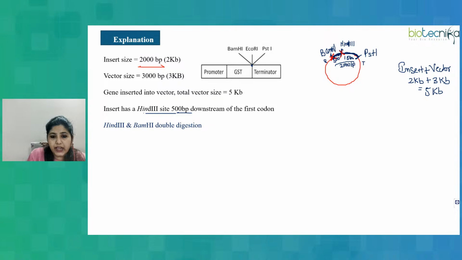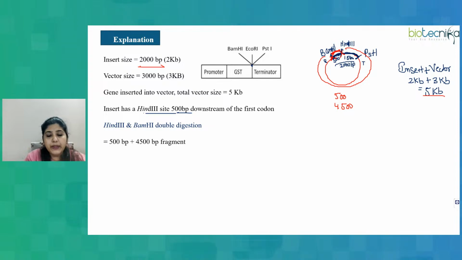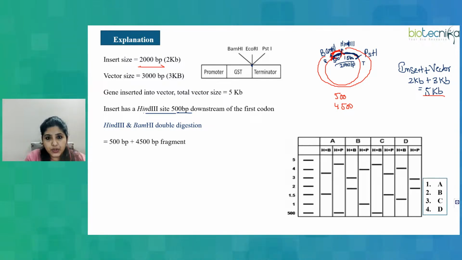BamH1 and Hind3. So that means this much fragment you will get. One fragment you will get of 500, and the remaining part which is left is how much? The total is 5000 base pair. So 5000 base pair minus 500, you should get 4500, right? So this should be the size of fragments you should get.